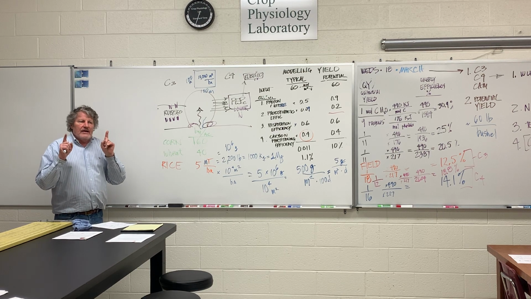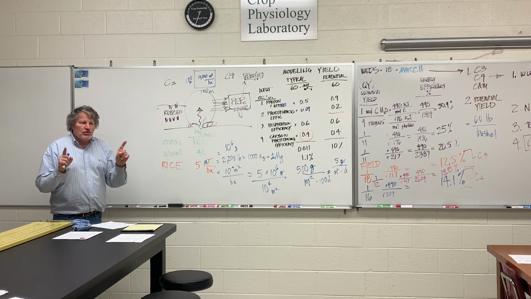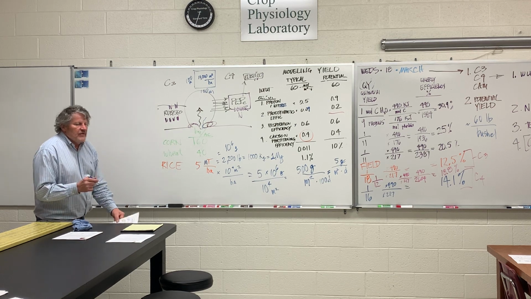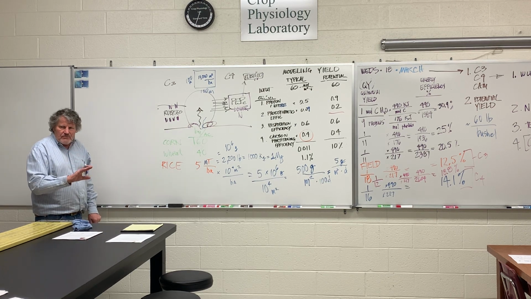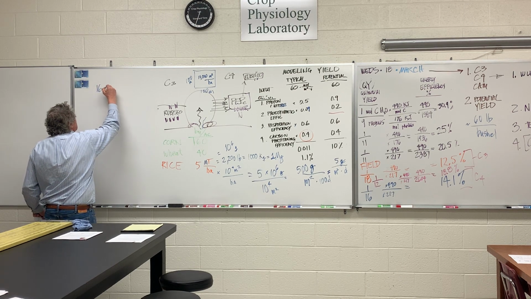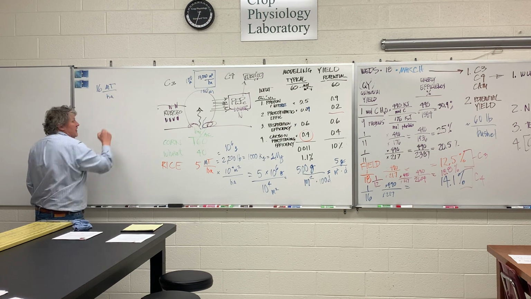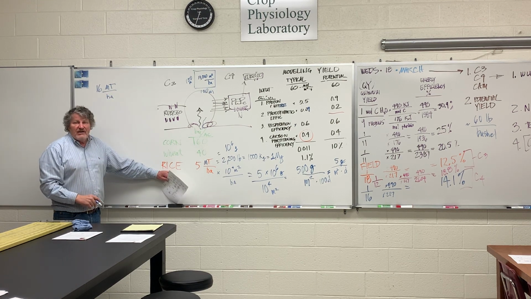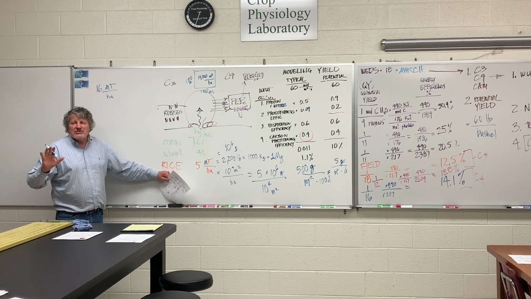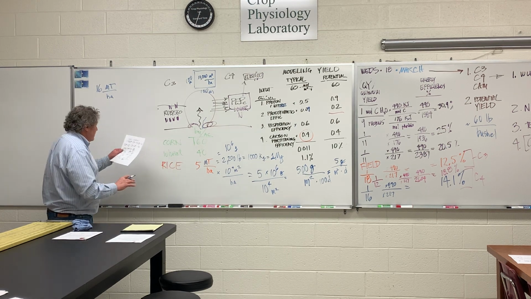If we look at some potential yields, some record yields, not typical, but record. One of them is 16 metric tons per hectare. Remember, he said 5 is average, but people have gotten, in a perfect case, up to 16.